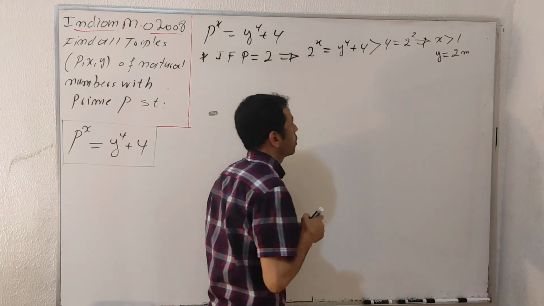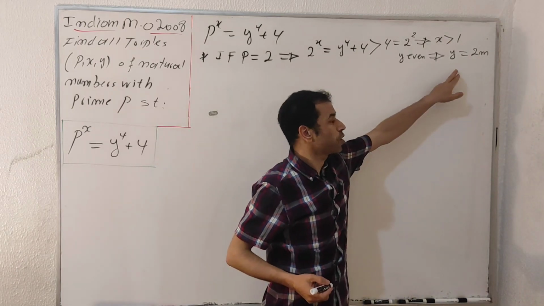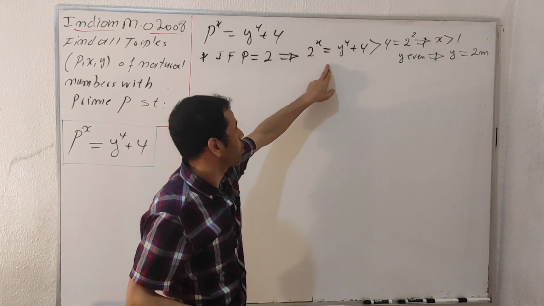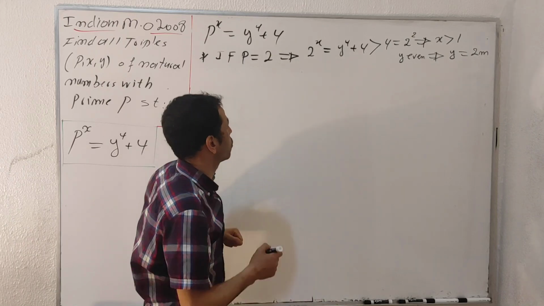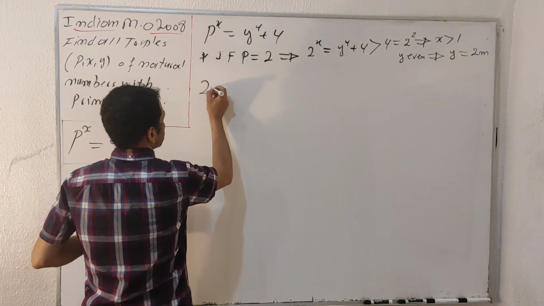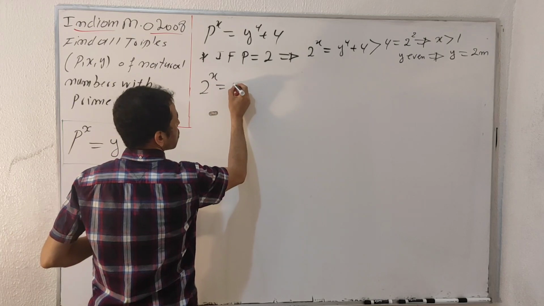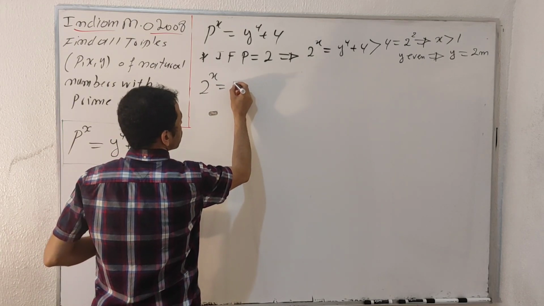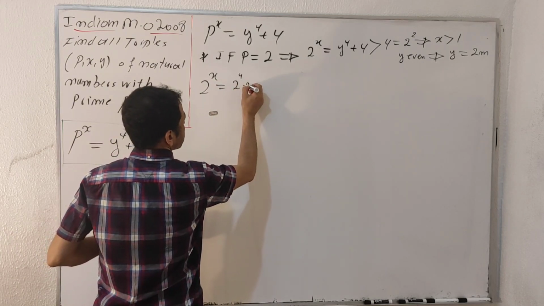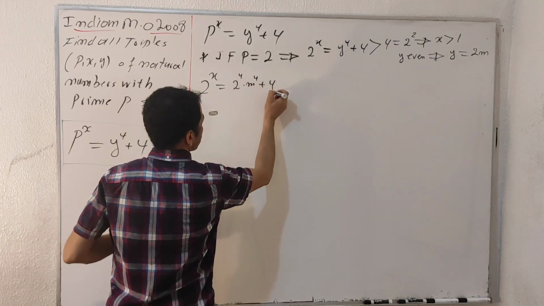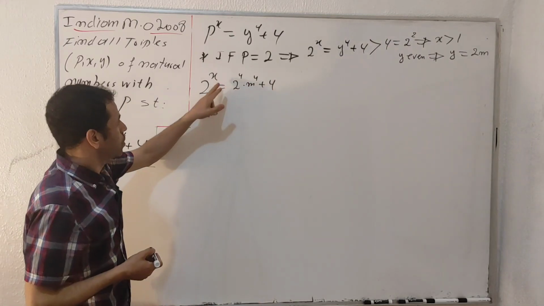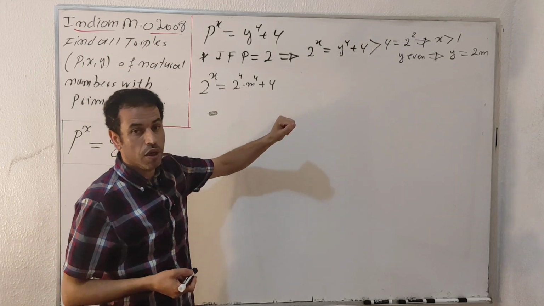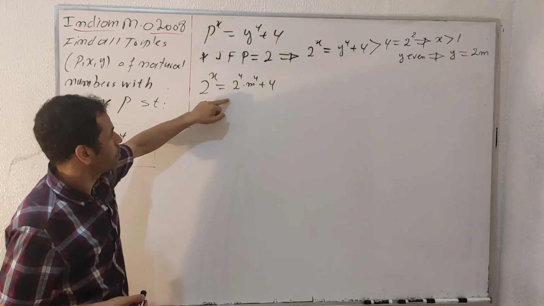Then I'm going to take this value of y and insert it into this equation and solve. So we'll have 2 to the x equals 2 to the fourth multiplied by m to the fourth plus number 4. Since x is strictly superior than 1, I'm going to divide both sides by number 4.